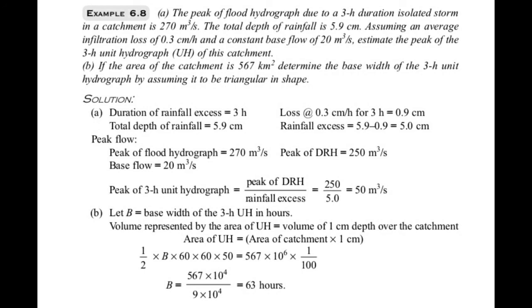Since it is a triangle, 1 half times B times 60 times 60 times 50 is equal to 567 times 10 raised to 6 times 1 over 100. Converting to meters, B is equal to 567 times 10 raised to 4 over 9 times 10 raised to 4, which is equal to 63 hours. That would be all.